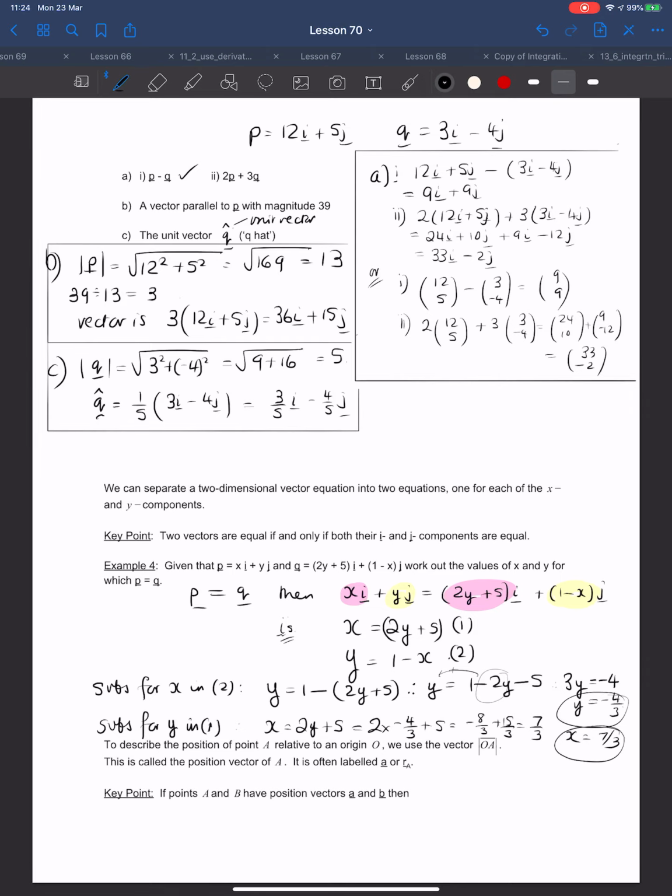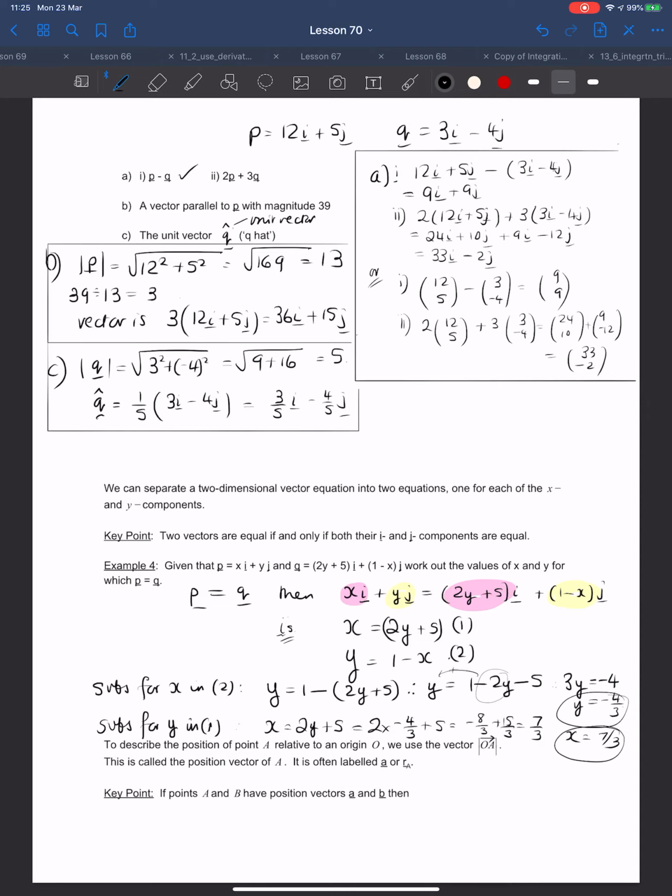Right, key point here. To describe the position of point A relative to an origin O, we use the vector O to A. This is called the position vector of A. It's called a underlined or r_A.